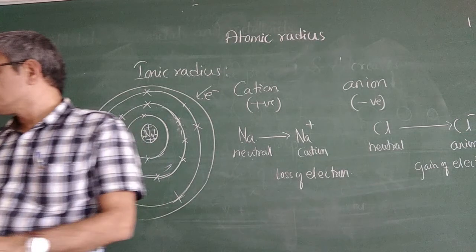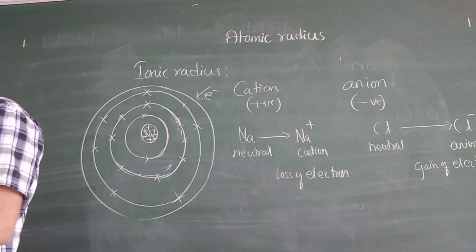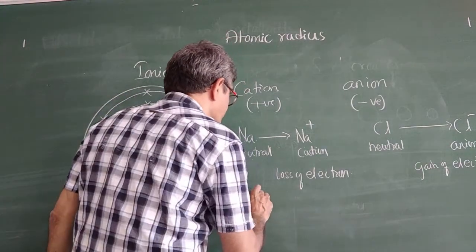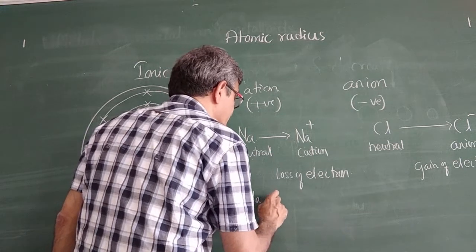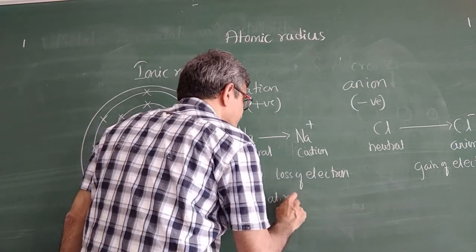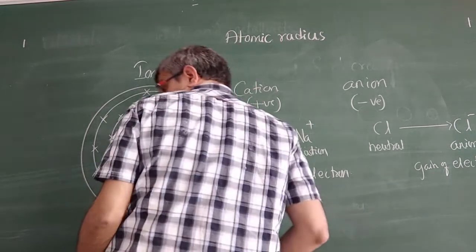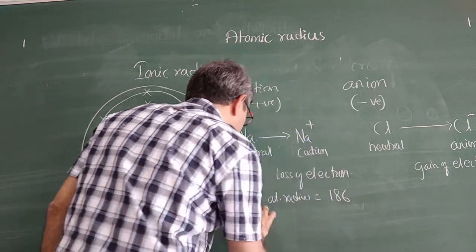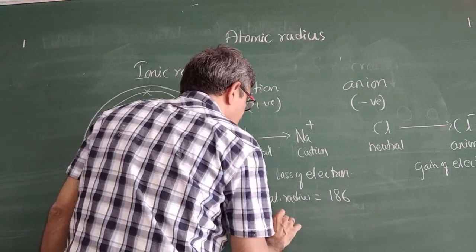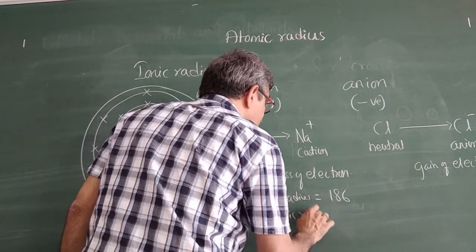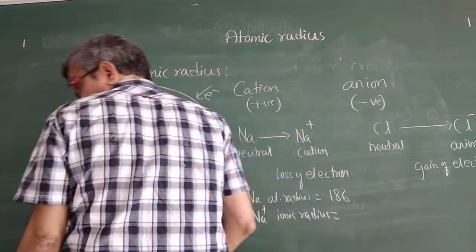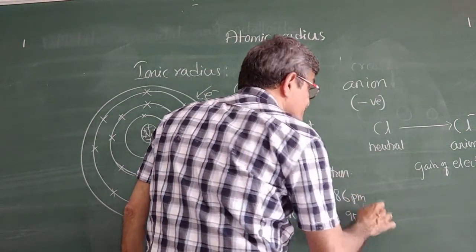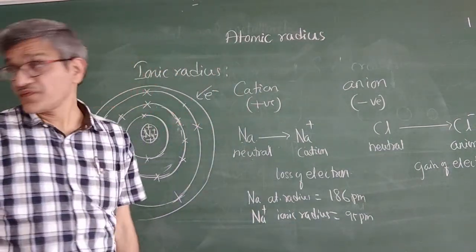Okay, right. If I take an example of sodium, atomic radius equal to 186, whereas Na plus ionic radius is 95 picometer.